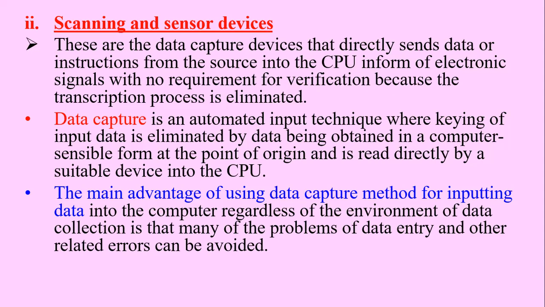Data capture is therefore an automated input technique where keying of input data is eliminated by data being obtained in a computer-sensible form at the point of origin and is fed directly by a suitable device into the CPU. Therefore, the main advantage of using the data capture method for inputting data into the computer, regardless of the environment of data collection, is that many of the problems of data entry and other related errors are avoided.